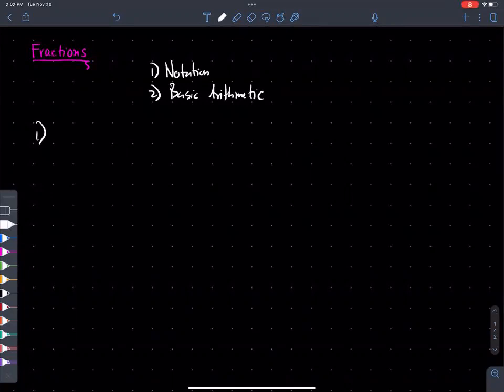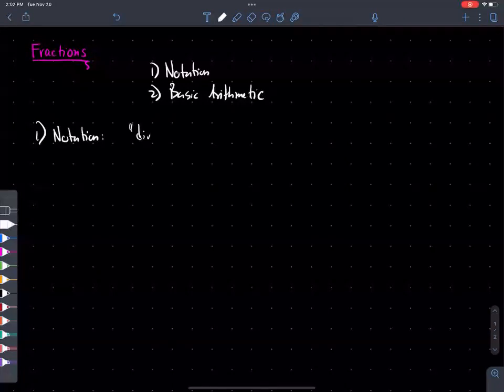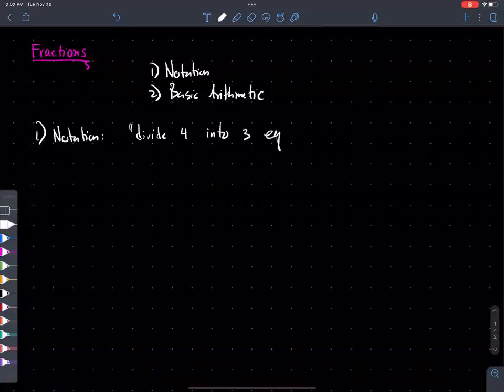So let's talk a little bit about notation, and to do this, let us present a task. Let's suppose that we want to divide the number 4 into 3 equal parts. If we wanted to do this, let's do a picture first.